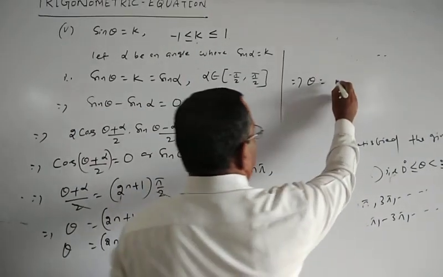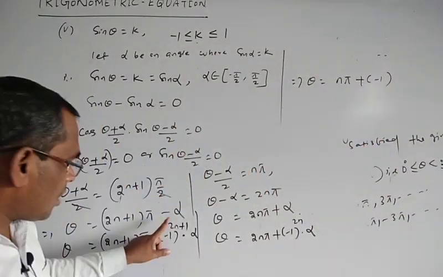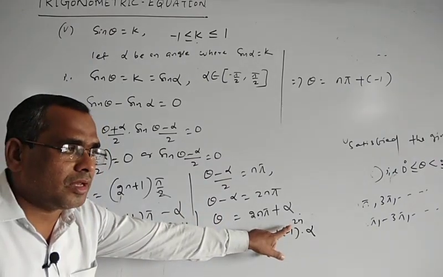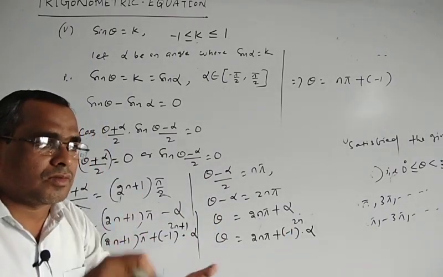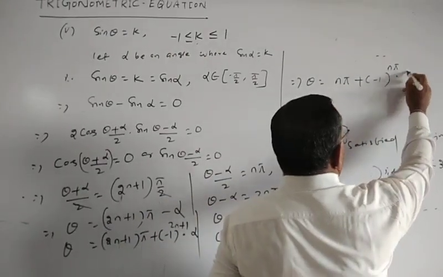So theta is equal to n pi plus, here also minus 1 power odd and minus 1 power even. This is also n pi, so this is n pi into alpha.